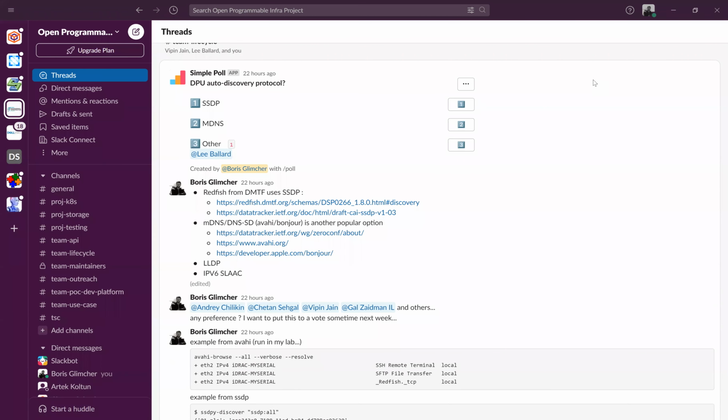Go ahead. Okay. Sorry. So were you saying that the DPU is just acting like a switch, so that you could LLDP discover it from the host, LLDP discover it from the network? Just walk the topology. Is that what you were thinking? Yeah, something like chain connectivity, like a daisy chain connectivity.